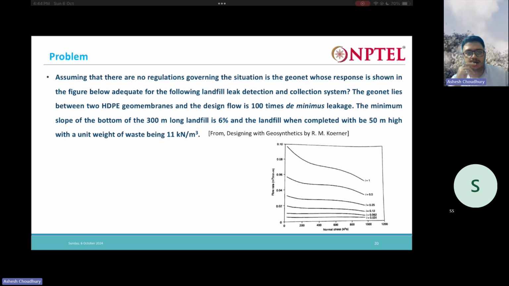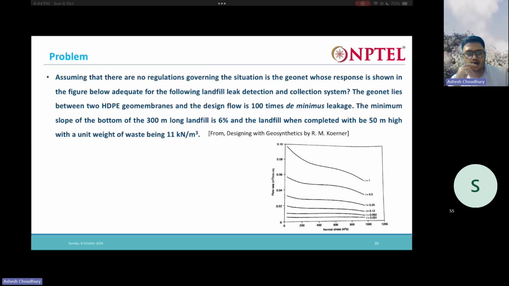The unit lies between two HDPE geomembranes and the design flow is 100 times de minimis leakage. This de minimis leakage is a fixed amount of quantity that is actually defined traditionally.